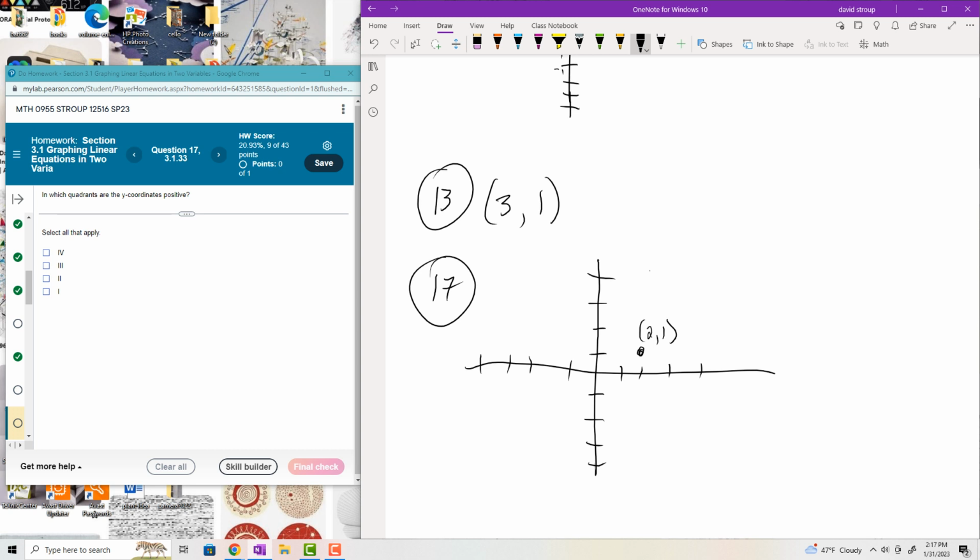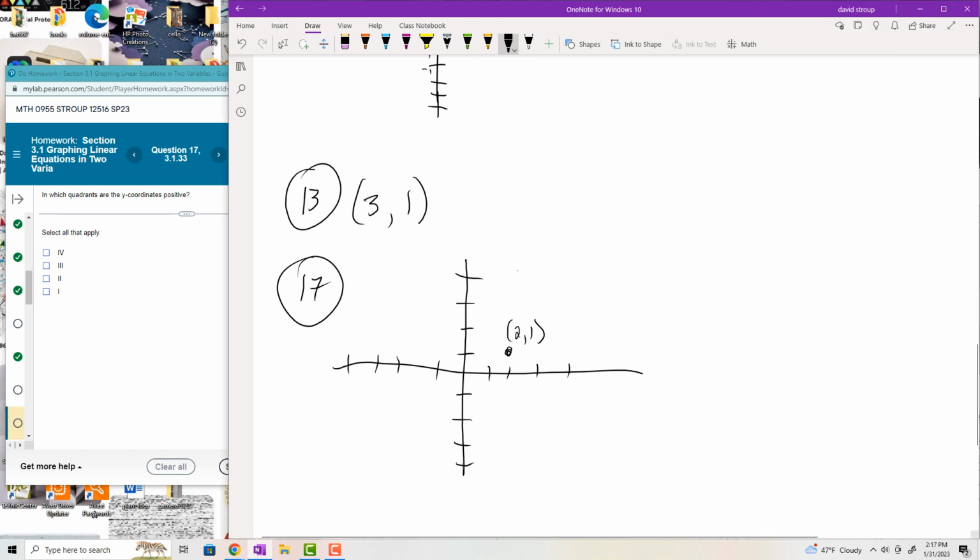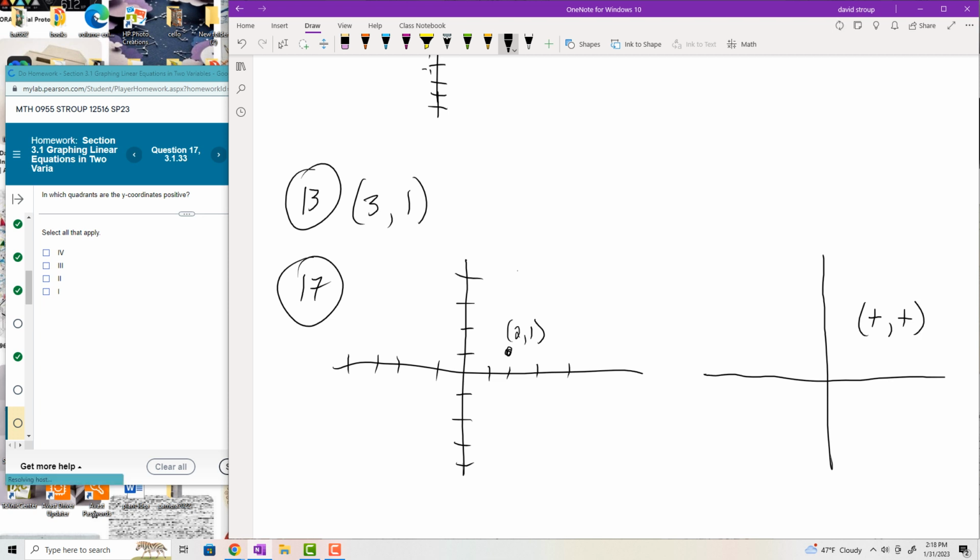So let's do a picture over to the side here. In the first quadrant, both coordinates are positive. Okay, and the second quadrant, let's look at maybe negative 2, 2. So all the points in that second quadrant are going to have the form negative and then positive.